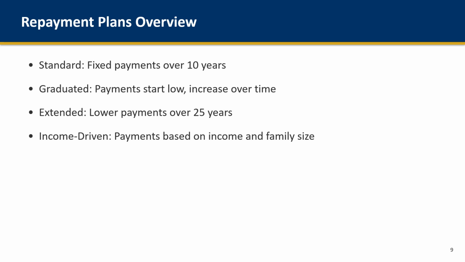Several specific plans exist, including SAVE, PAYE, and IBR, each with slightly different calculations. We'll discuss these in detail in a later video on loan repayment strategies. The key point is flexibility. If standard payments are unaffordable after graduation, alternatives exist. This flexibility is a major advantage of federal loans over private loans.